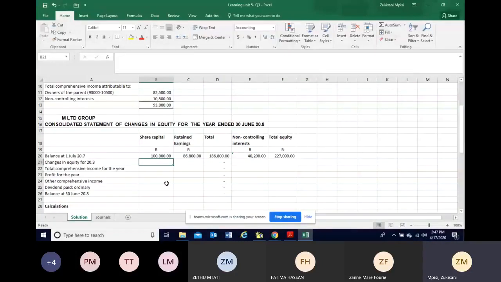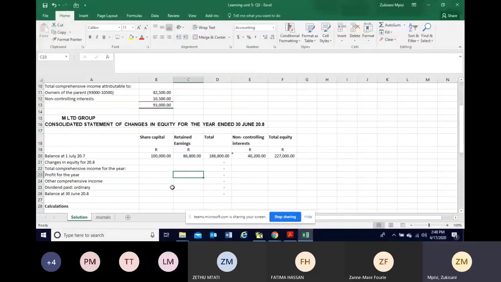Change in equity for 20.8 just means what has been the changes that are included in equity. So we look at total comprehensive income, we look at profit for the year, we look at other comprehensive income, and we look at dividends paid, which are ordinary dividends. Profit for the year will not affect your share capital, but will affect your retained earnings.